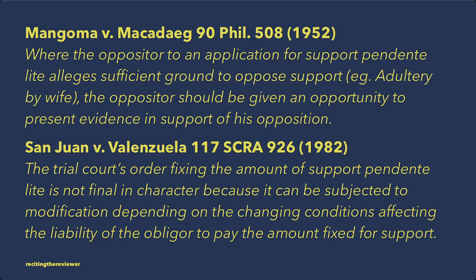It is said in the rule in section 4 that the circumstance of the person from whom the support is sought is also considered, as well as the necessities of the applicant. So the decision of the court to give certain amounts is not fixed. They can fix the amount, but it is not final.